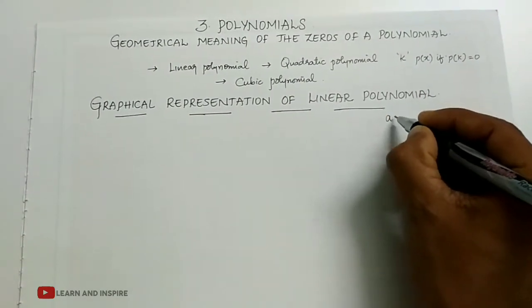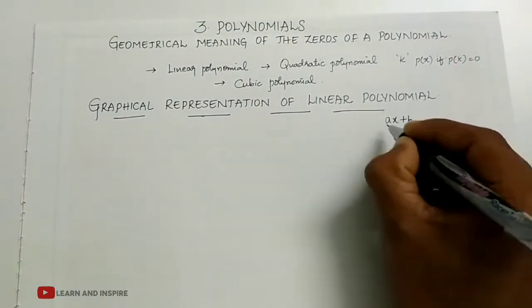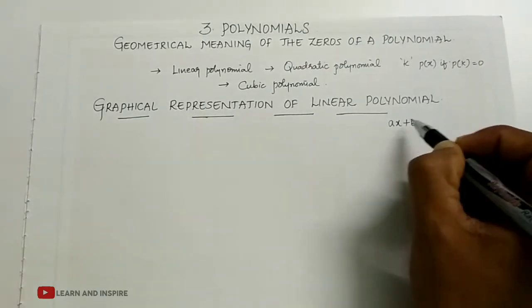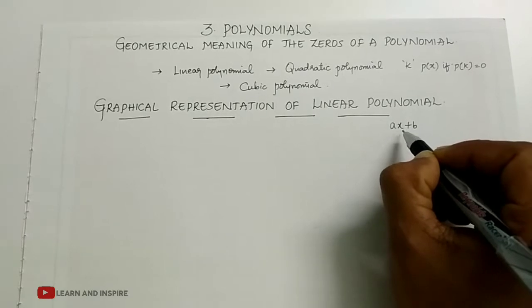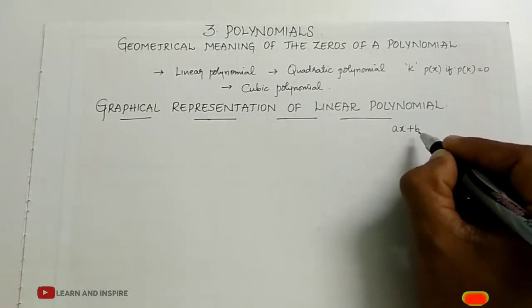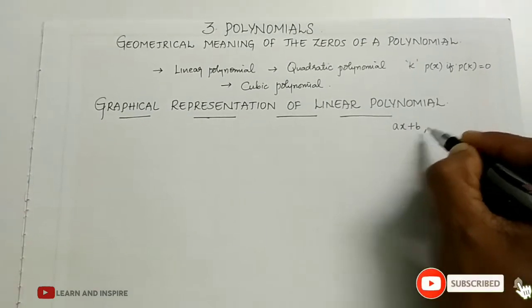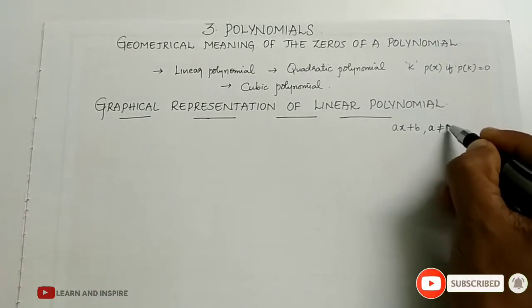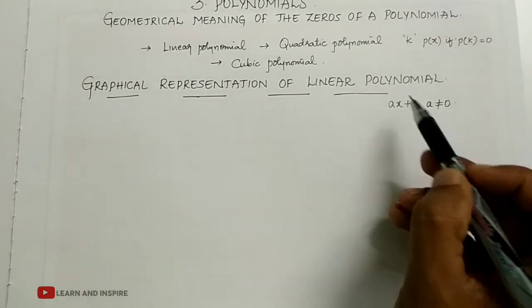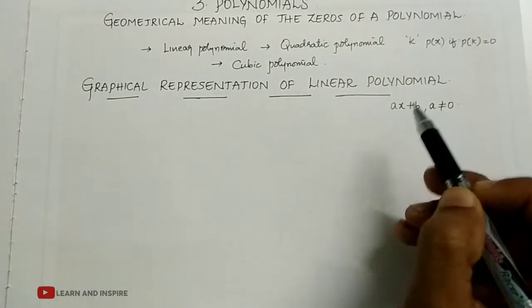So ax plus b is the general form of a linear polynomial with variable x, where a and b are real numbers and a is not equal to 0. This is the general form of a linear polynomial.